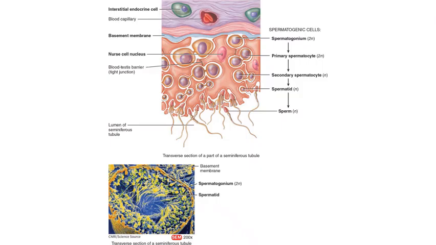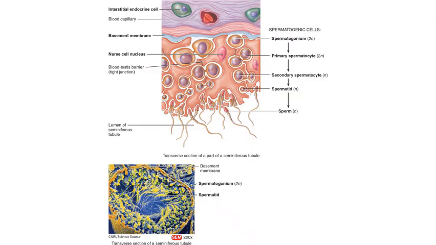In the embryonic testes, the primordial germ cells differentiate into spermatogonia, which remain dormant during childhood and actively begin producing sperm at puberty. Towards the lumen of these tubules, there are layers of progressively more mature cells. All right, so we're going more and more mature.